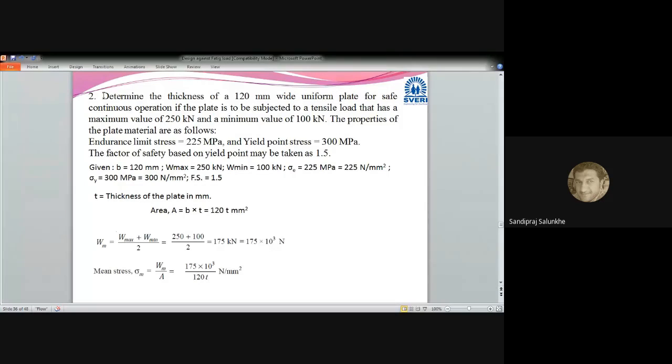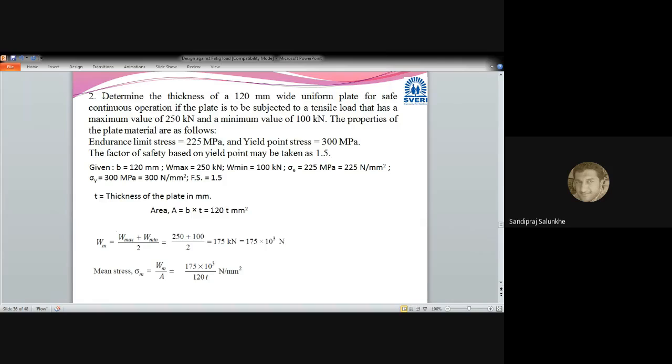Now, the given parameters: width is 120 millimeter. Maximum load applied is 250 kilonewton. Minimum load applied is 100 kilonewton. Endurance limit stress is given as 225 megapascal, that is 225 Newton per millimeter square.